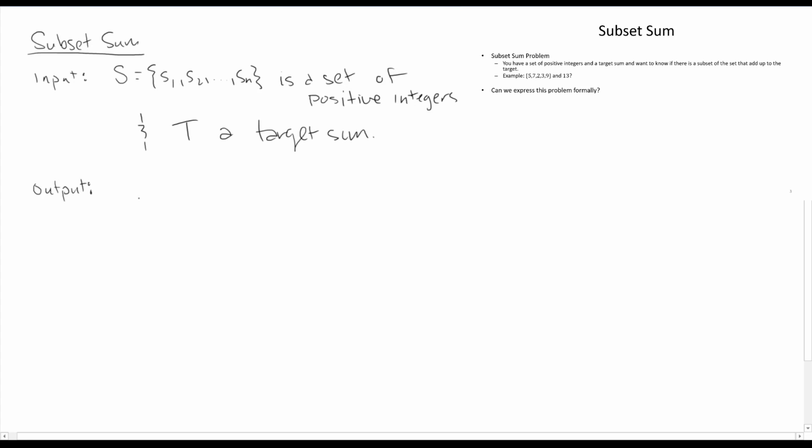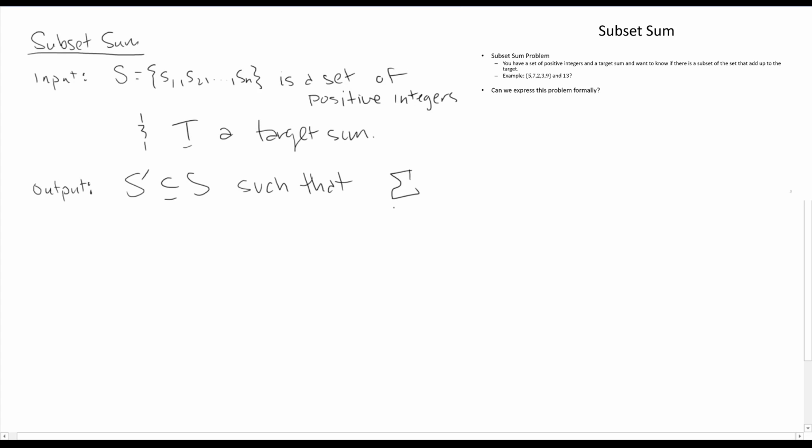I might say an S prime, subset of S. In fact, why don't I do that? S prime subset of S. And we'll take a look at a couple different ways we could set this up. So S prime is a subset of S such that, so not any old subset will do. We want a subset such that if we added them all up, they add up to the target. That's the goal. Luckily we have a summation tool that'll let us do that.